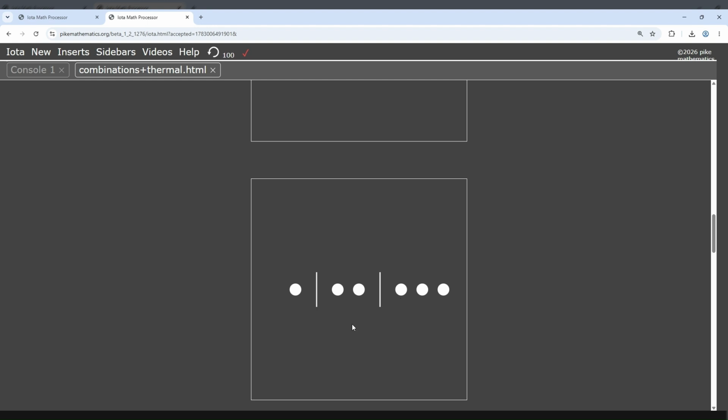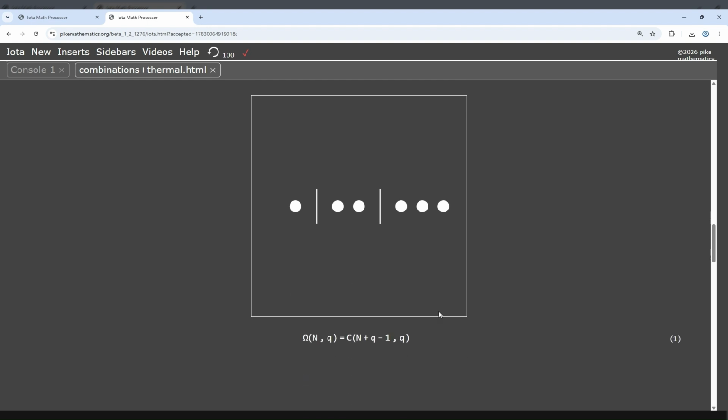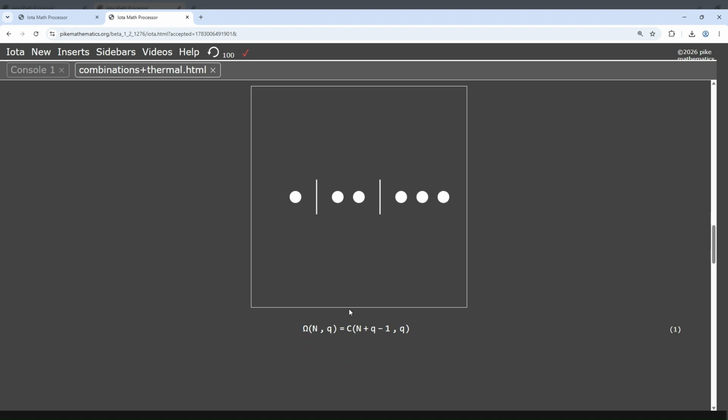And so the question is, when you have those eight spaces, how many different ways can you place these six energy units? Well, that starts to sound an awful lot like a combination problem, doesn't it? And it is. I've written it out here. It's the combination function where the big set you're working with is n minus one, because that's the number of partitions you need, plus the energy units.